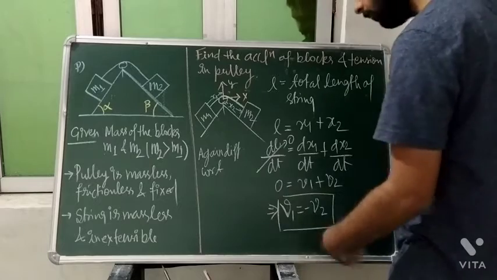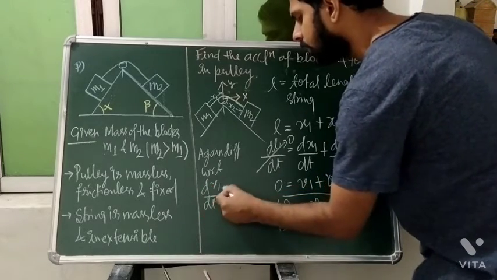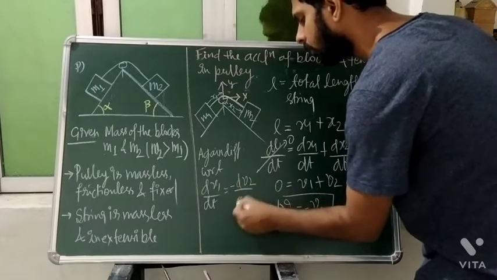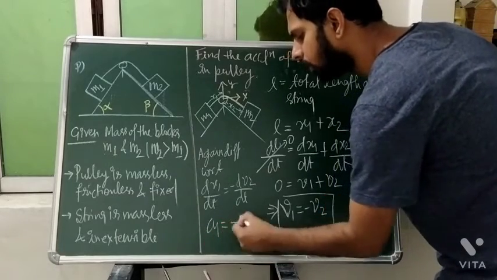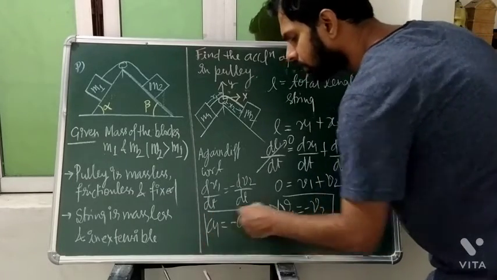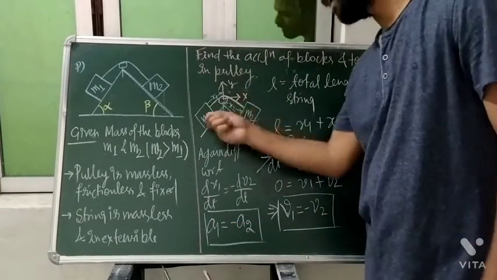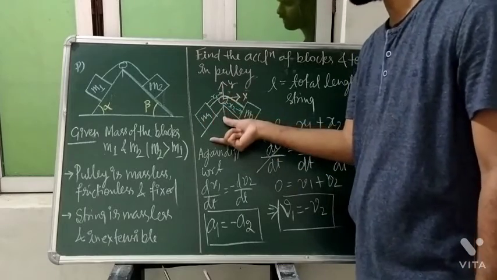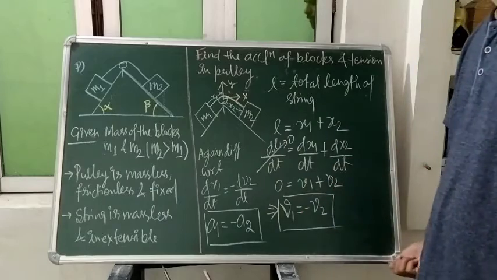What will you get? dv1 upon dt will be equal to what? dv2 upon dt. So our a1 will come out as minus a2. And of course, student, this we have represented with that minus here. This minus distance we have assumed as positive.